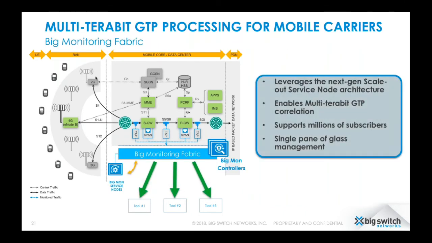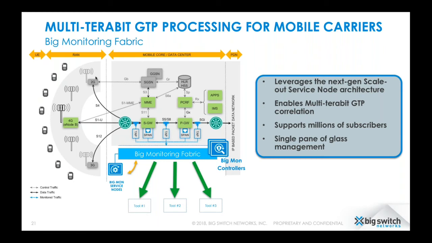Now with Big Monitoring Fabric, you will have your Big Monitoring Fabric controller, you will have the open Ethernet switches building that fabric, and then you will attach the service node where your GTP correlation will be done to the Big Monitoring Fabric. So a single service node, let's say 16 ports of 10 gig, will give you 160 gig of bandwidth.